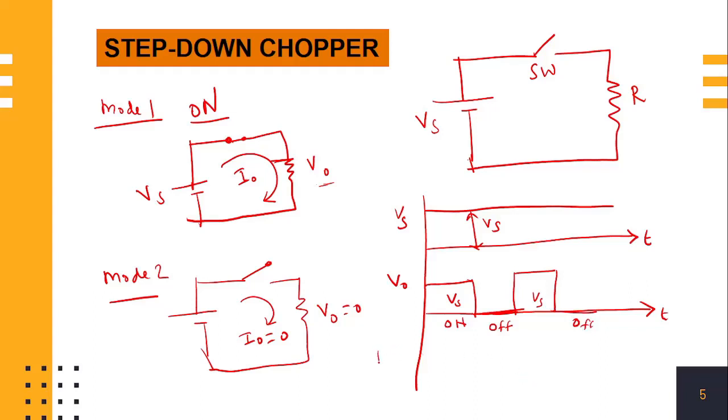The third waveform is I0, the load current, which has the same waveform as the output voltage, since a resistive load is used. Now here we must know one term, the time period, which is equal to on time plus off time.